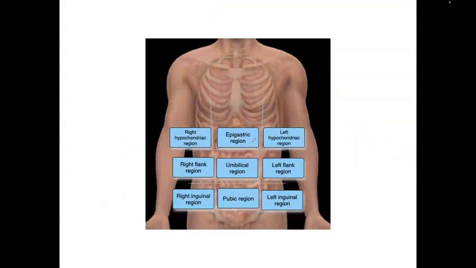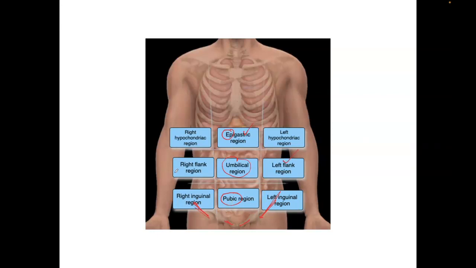And again, I've seen these as a drag and drop. You can see here the umbilical, where the belly button was. Epi means above, so there was an epigastric and a hypogastric, but the other name for hypogastric is pubic region because of the pubic bones here. Then there's a left inguinal and a right inguinal region.